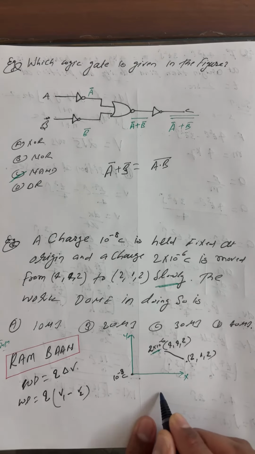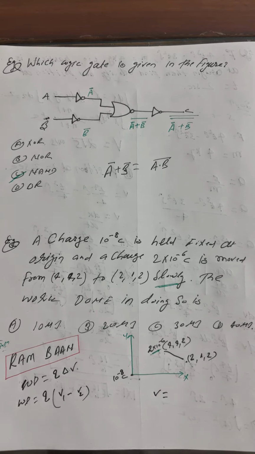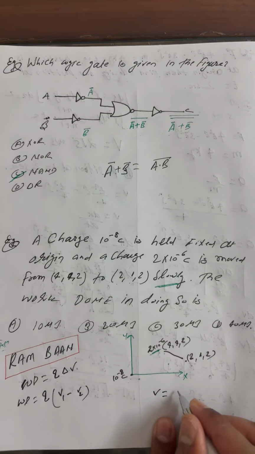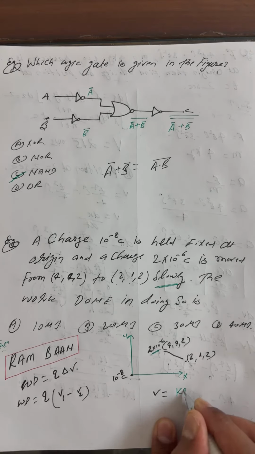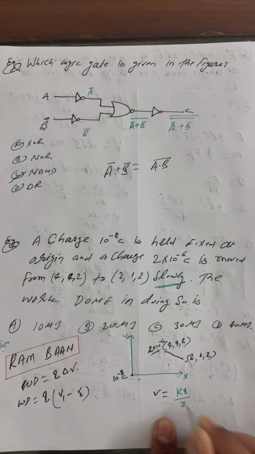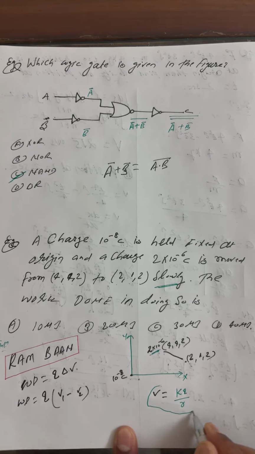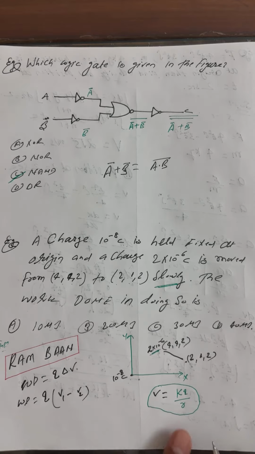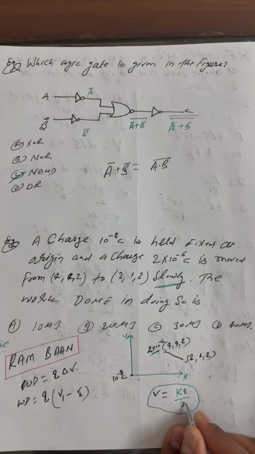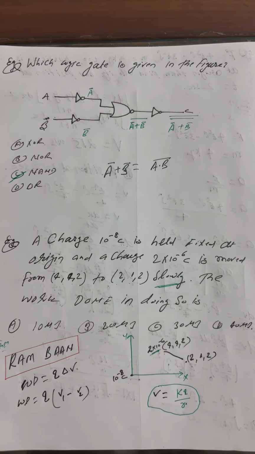I hope all of you remember, students, the potential formula. Potential due to a point charge is KQ by R. So KQ by R1, because I'll find V1 and V2.